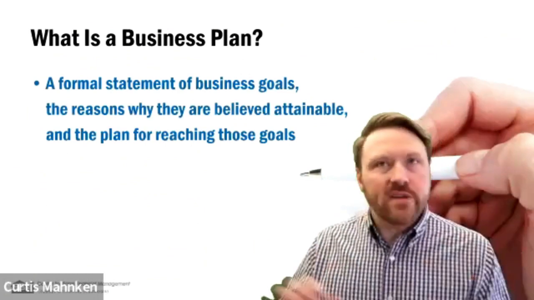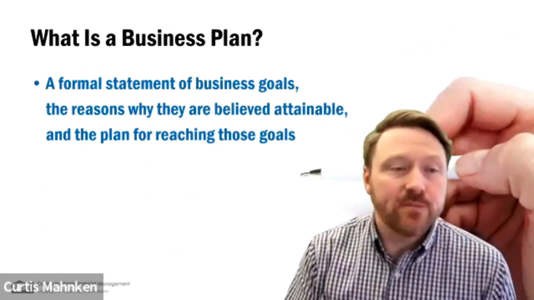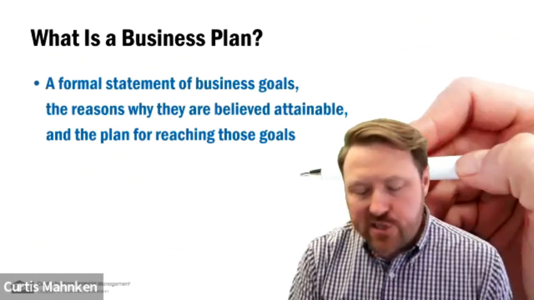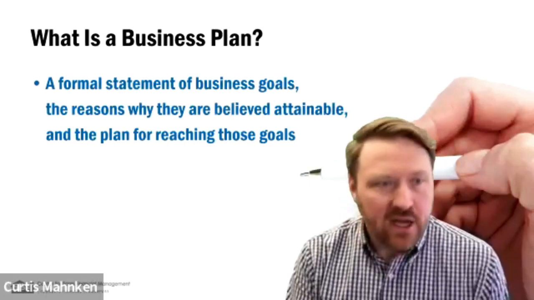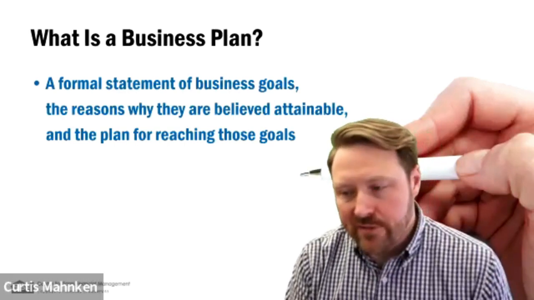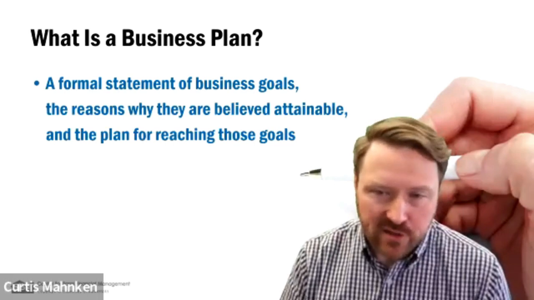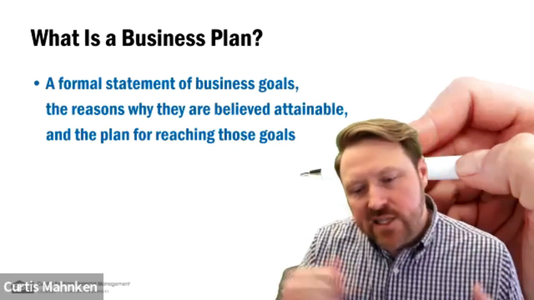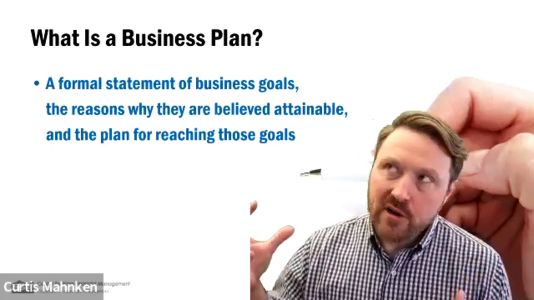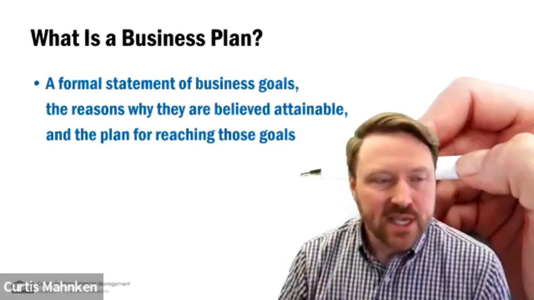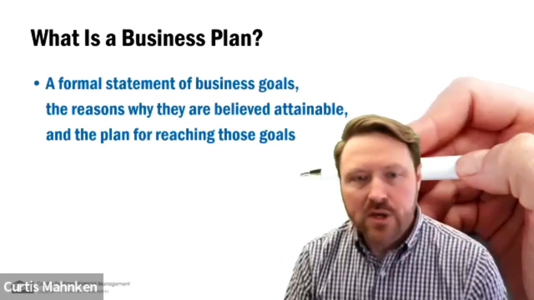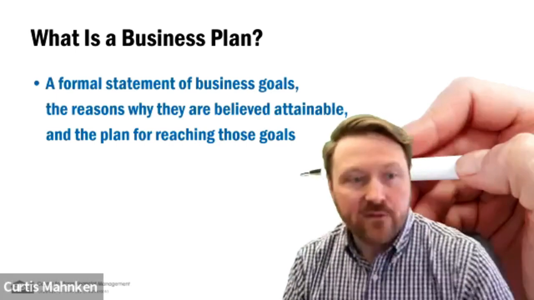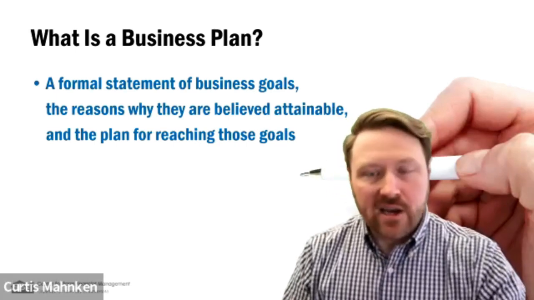So let's start with a very basic question: what is a business plan? As you can see on the screen, it's a formal statement of business goals, the reasons why you believe they're attainable, and the plan for reaching those goals. But really, a business plan is taking all of your thoughts and ideas for your business and putting them into a digestible format for people that are outside of your own head.